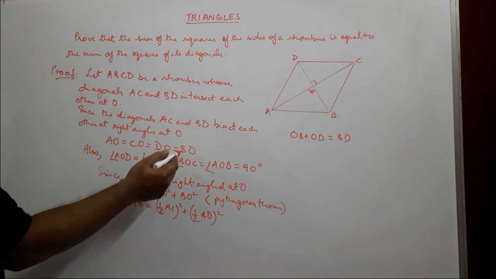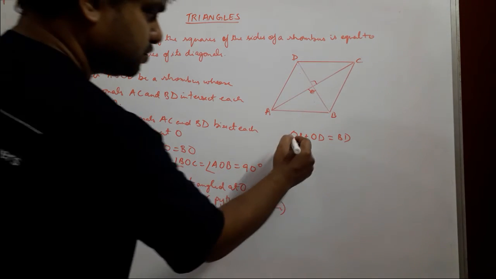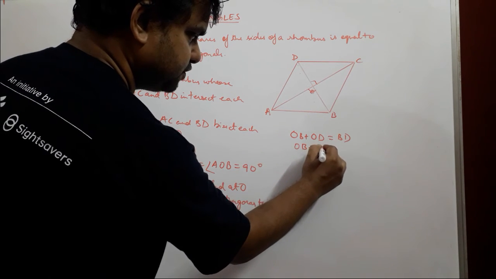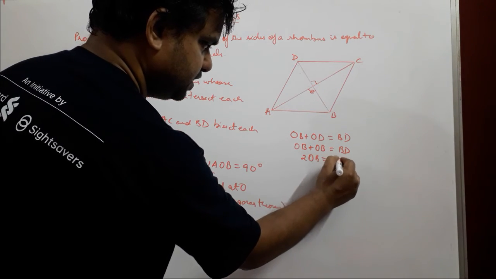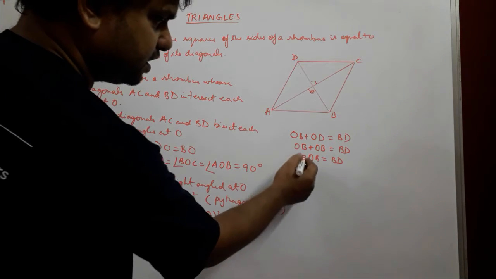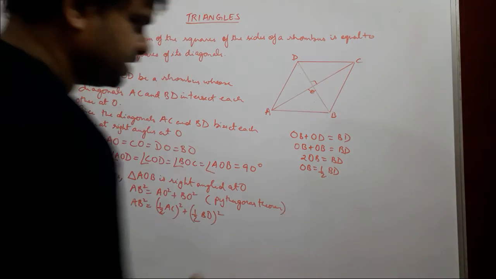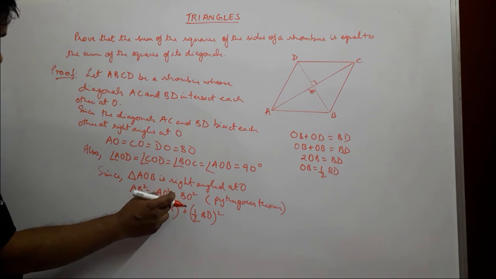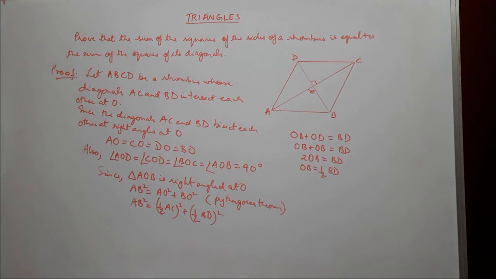We have said over here, because the diagonals are bisected in a rhombus. So if we keep OB over here, and instead of OD we substitute with OB, this is what we'll get. 2 times OB equal to BD, and if we take it down over here, it will get divided, so OB can be said as half of BD. That's exactly what we've done. So similarly we can say that same thing of AO as well, which will be equal to half of AC. So because it is AO square, it becomes half AC whole square.